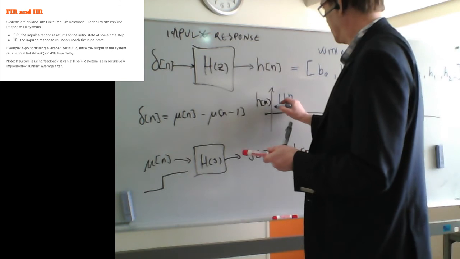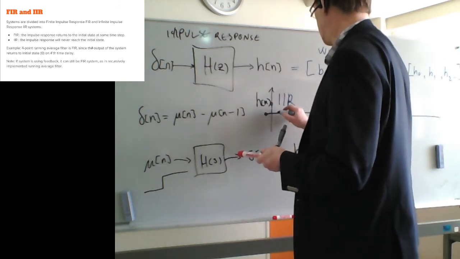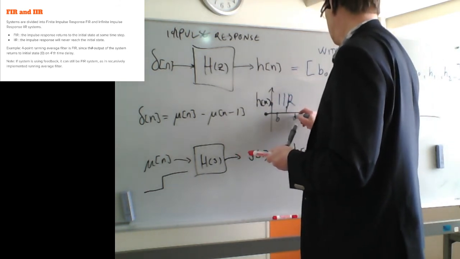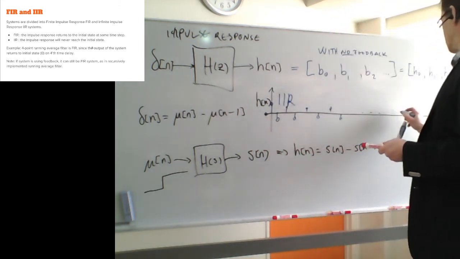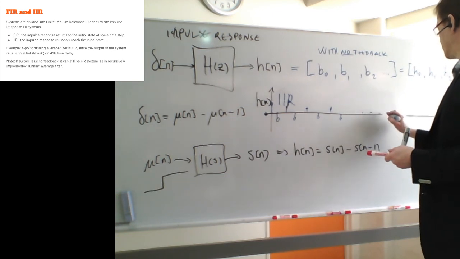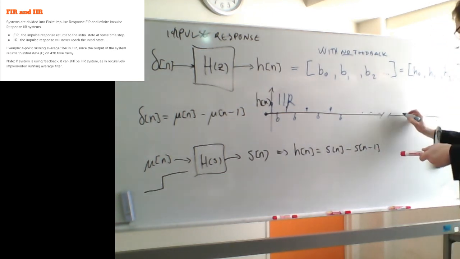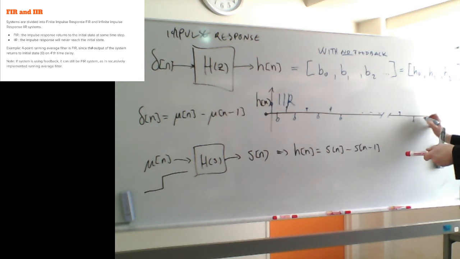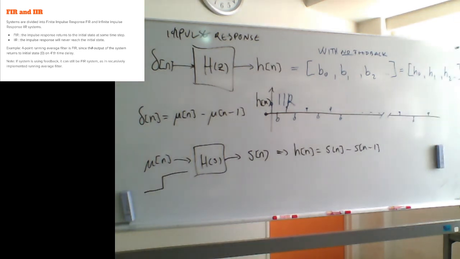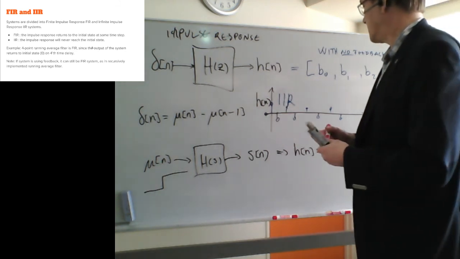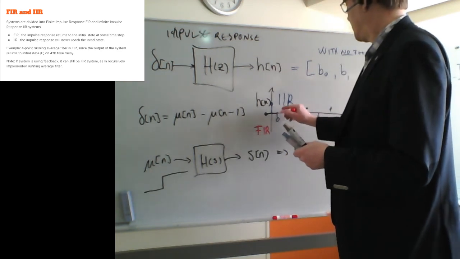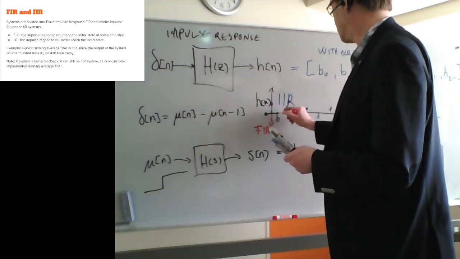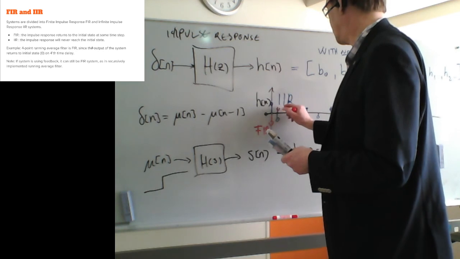So for IIR, you have something which goes and goes and goes and never ends. So even after waiting for days, it still has some remains of the signal there. While the FIR system would, I'll just draw it a little bit differently here.